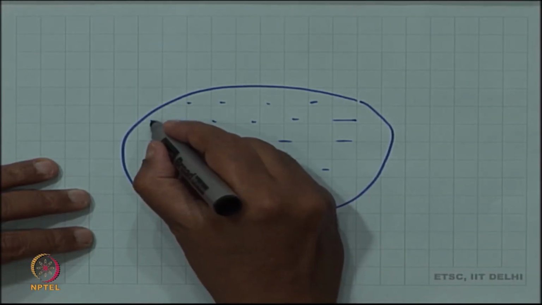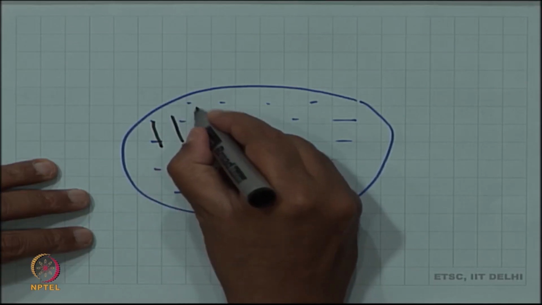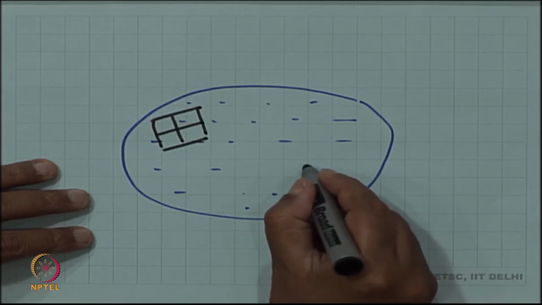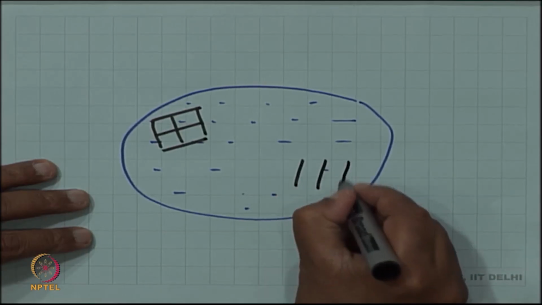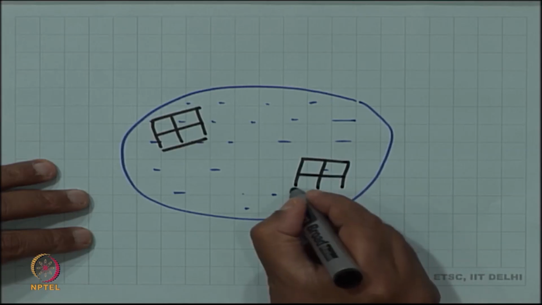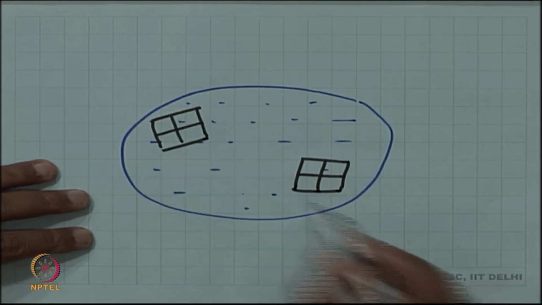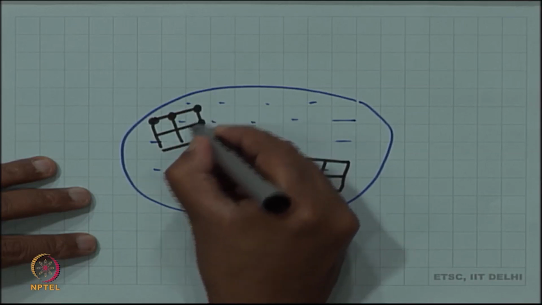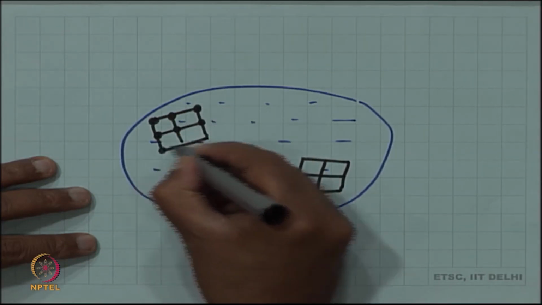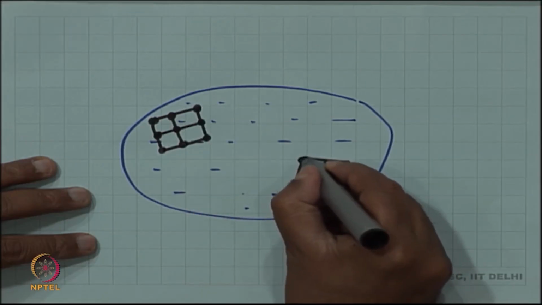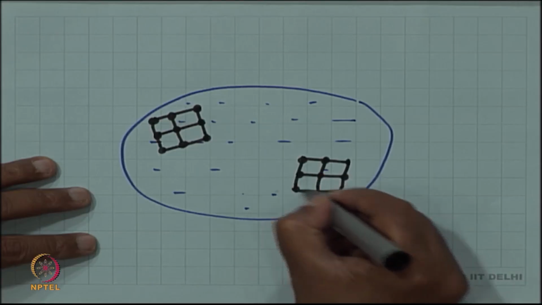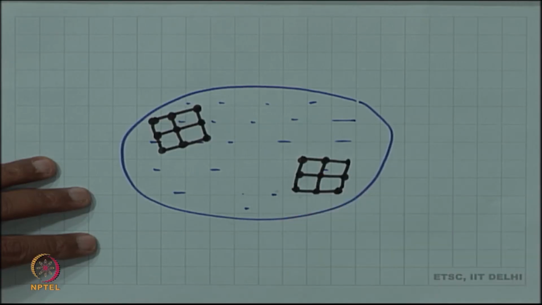In different regions, although the same crystal will nucleate, nucleation will not happen only in one region, but in more than one region. And in different regions the nuclei may orient themselves differently, because this is a random process, a solid nucleus forming inside a liquid. So, there may be no correlation between the orientation of one nucleus and the other nucleus.